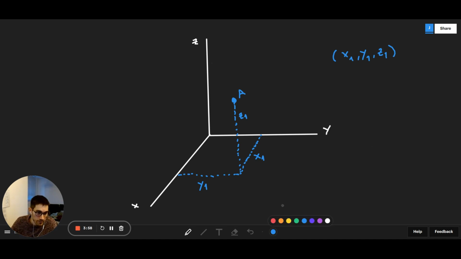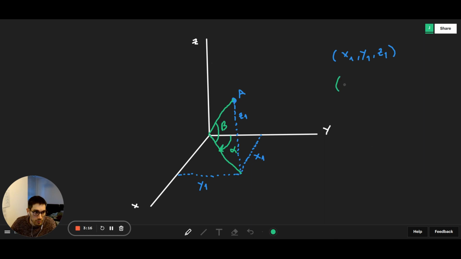But there is another way of determining this point, which is using degrees. If you look at the location of this point from the top, you could say that it is alpha degrees clockwise from the y-axis and also beta degrees counterclockwise in the direction towards the z-axis.